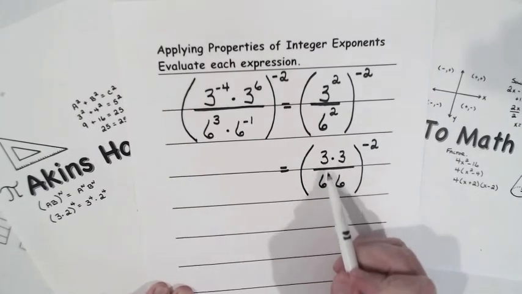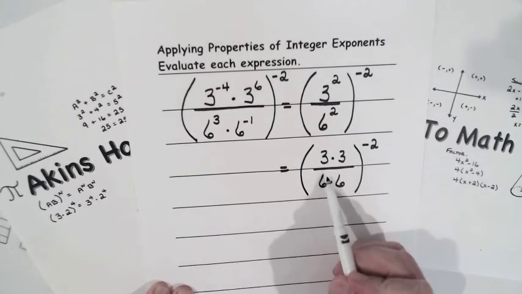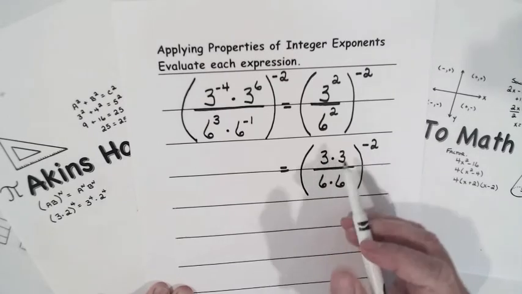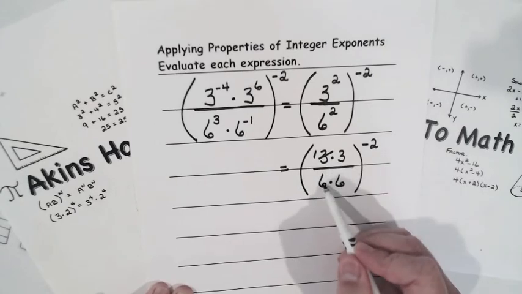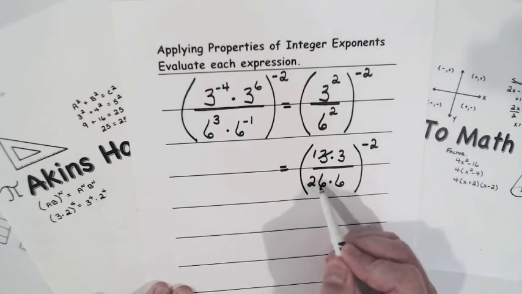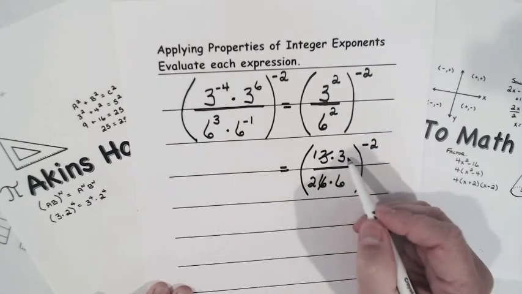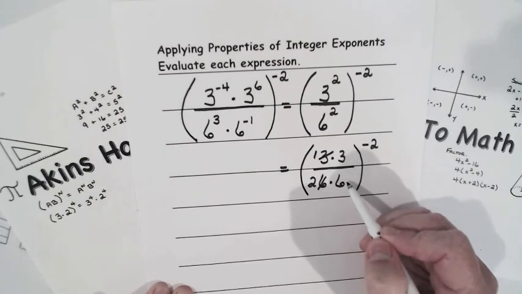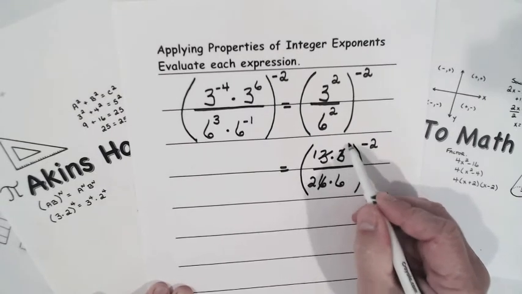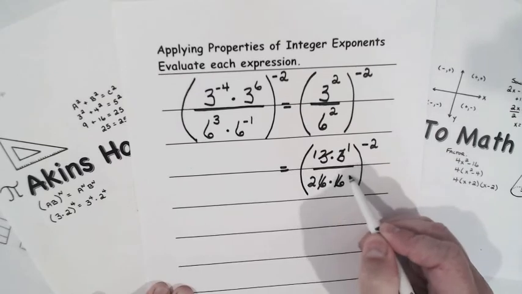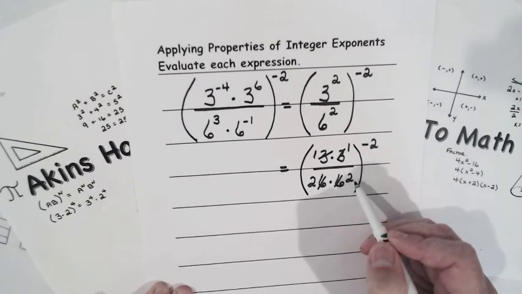I'll look at this part. I want to reduce this like it was a fraction. Biggest number that will go into 3 and 6 is 3. 3 divided by 3 is 1. 6 divided by 3 is 2. Same thing here. Biggest number that will go into 3 and 6 is 3. 3 divided by 3 is 1. 6 divided by 3 is 2.